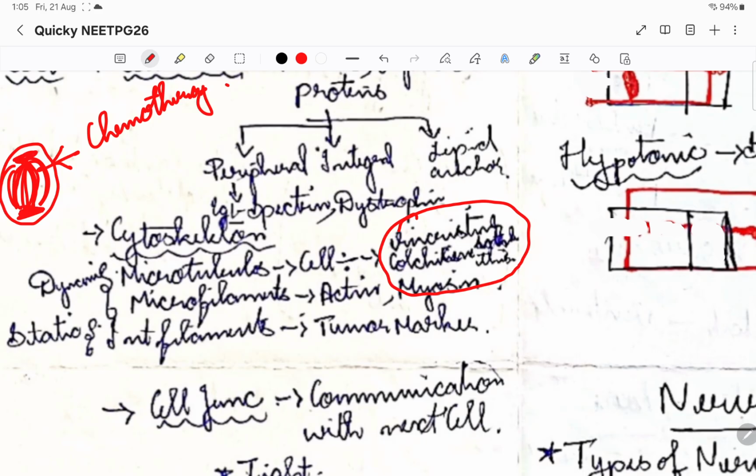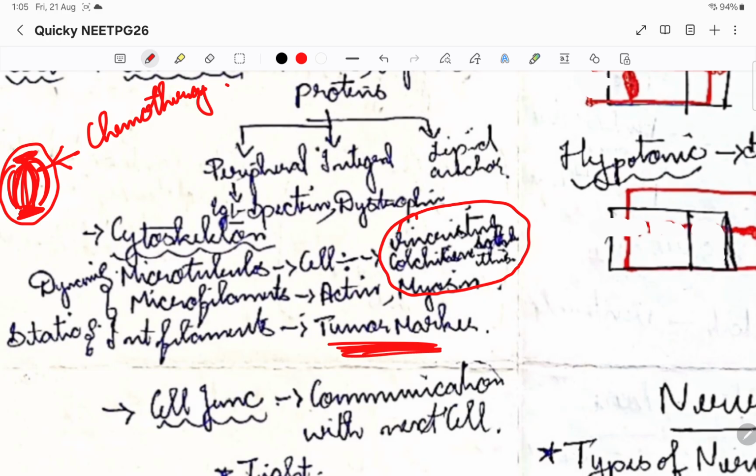Okay, remember that. Then there are microfilaments, which we will be discussing further in muscular physiology. You would have studied actin and myosin, the muscle proteins; these are microfilaments. Then coming to intermediate filaments, these are the filaments that we use as tumor markers.